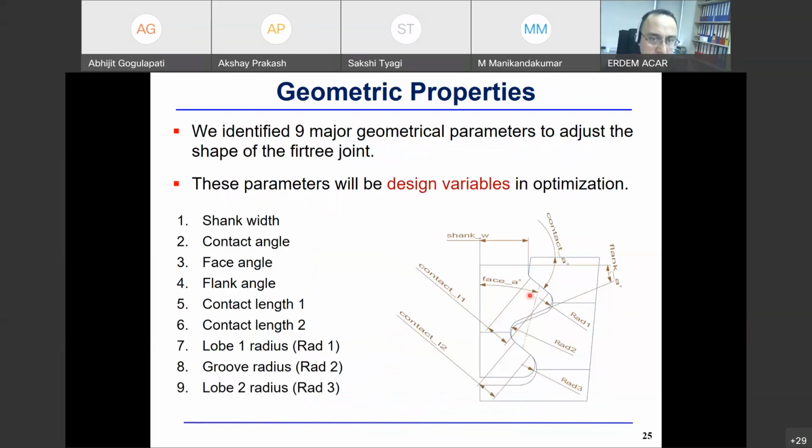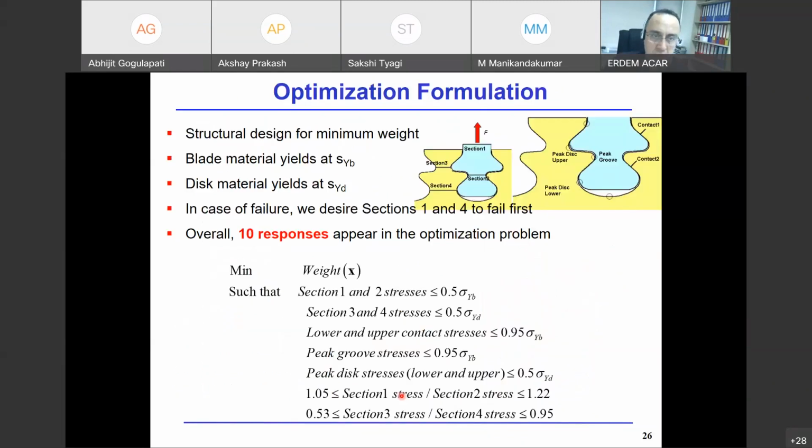In order to define the geometry of this forgery joint, we identified 9 major geometrical parameters like shank width, contact angle, face angle, flank angle, two more contact lengths, lobe radius, groove radius, and so on. These geometrical parameters are used as design variables in our optimization.